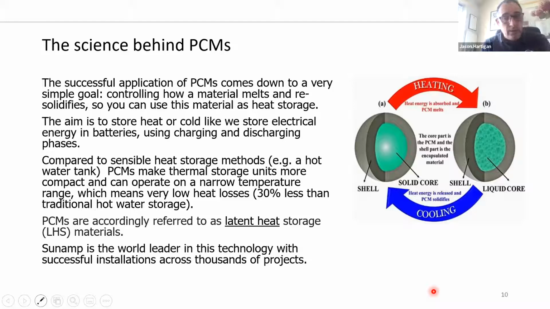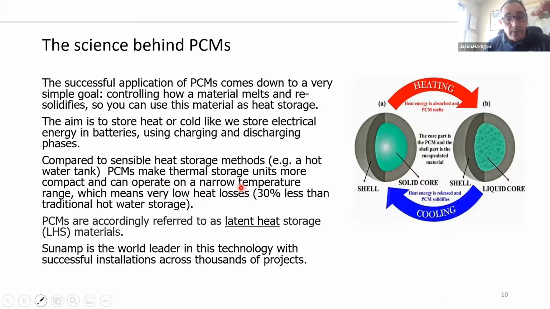It's the same principle as storing electrical energy in batteries. If you've got your phone, you charge your phone, you can discharge it, talk, text, whatever you're going to do. Compared to sensible heat storage methods, i.e. typical domestic hot water cylinders, you're going to gain just under 2,000 kilowatt hours based on an annual typical energy use, just by moving away from a traditional domestic hot water vessel.